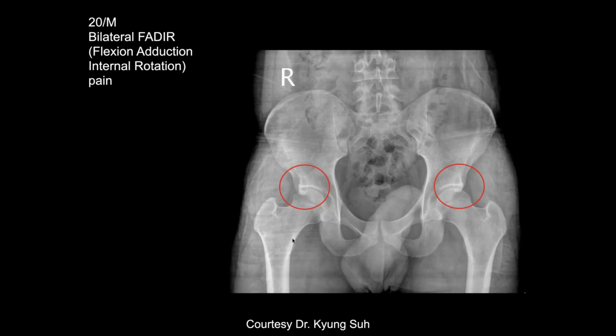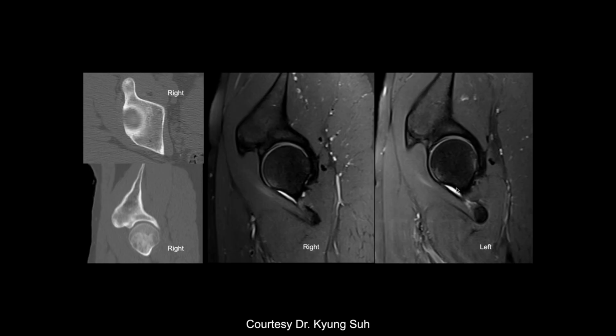So this is really an external impingement, from large anterior inferior iliac spines, which produce basically an extra-articular impingement, which occurs when you have flexion, adduction, and internal rotation. But this is another form of hip impingement, which is not typically considered femoroacetabular type impingement.